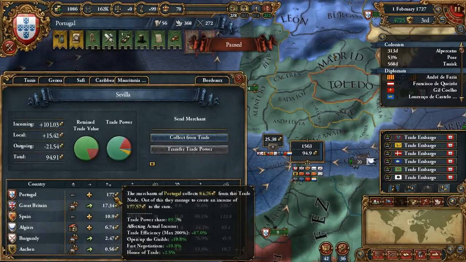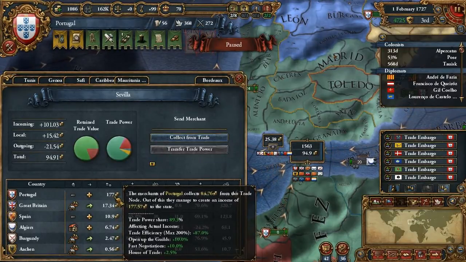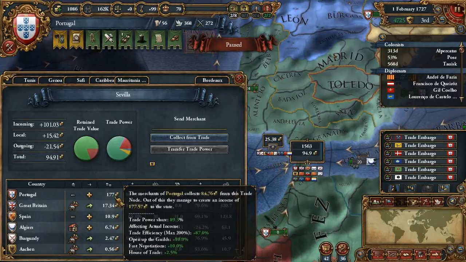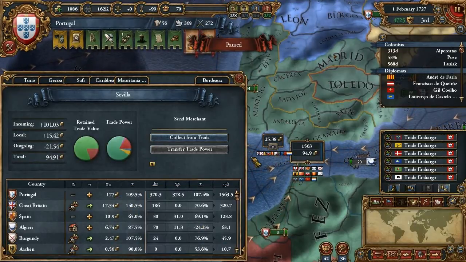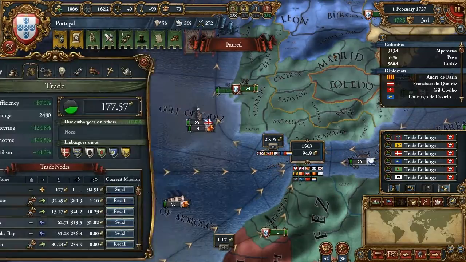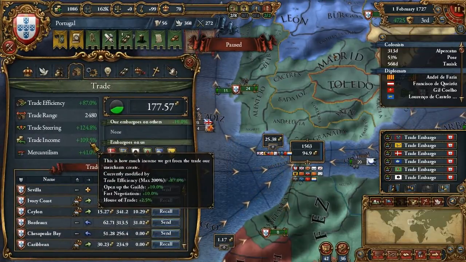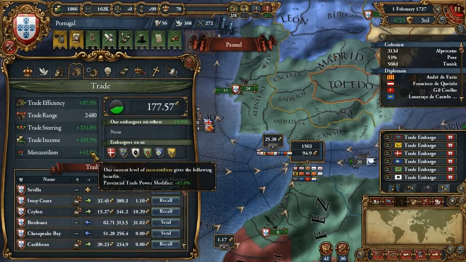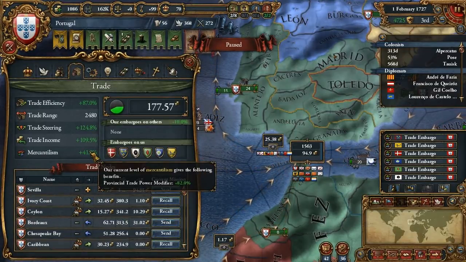So here you can see I'm collecting 84 ducats from here, but due to my trade efficiency plus other things, my trade value turns it into 177. So I'm collecting double, because I got 109% trade income.